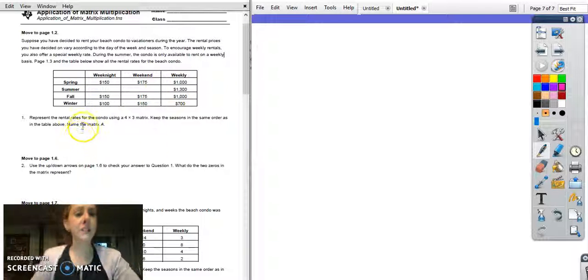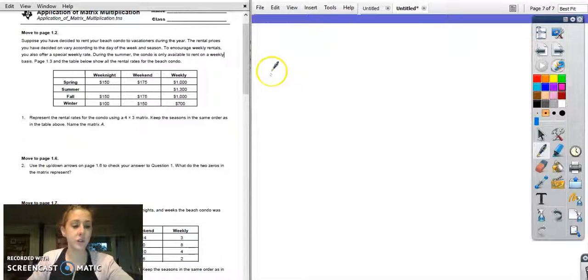So it's asking us to take this data, which is in table format here, and transfer it into a matrix and name the matrix A. Okay, so I'm going to start off with my capital A, and I know that it's going to be a 4 by 3, so 4 rows by 3 columns.